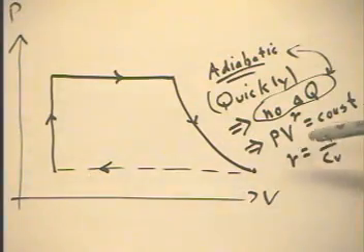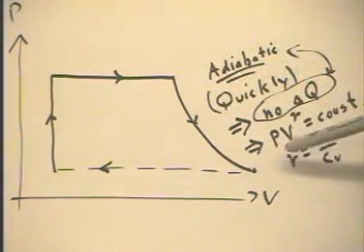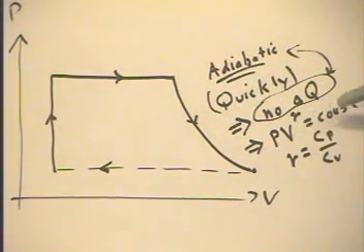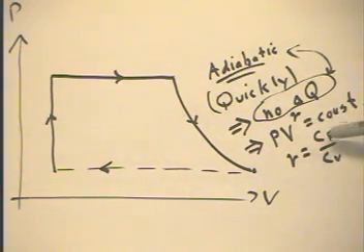In this case, this curve is characterized by PV^gamma equals a constant, where gamma is the ratio of constant pressure to constant volume specific heat for that gas. Now, this is different between diatomic and monatomic gases. We haven't yet talked about exactly what that difference is, but this is what we get.